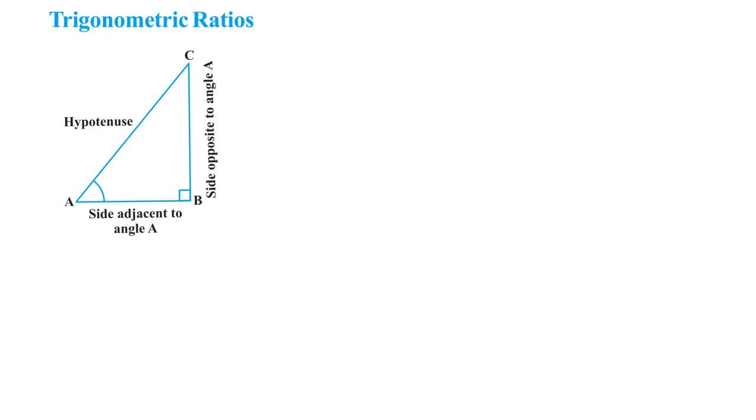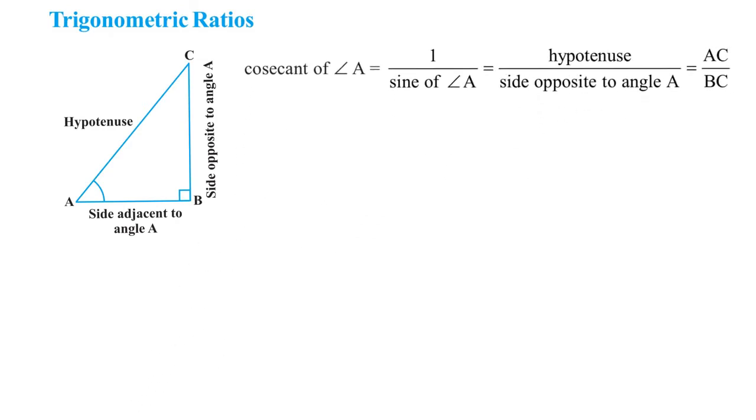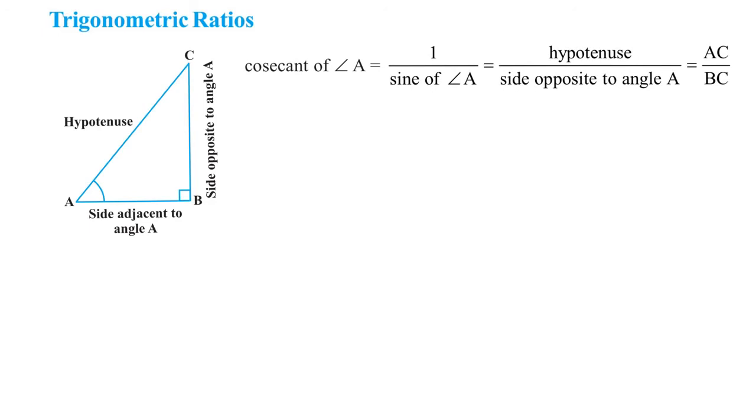Let's look at the other three trigonometric ratios. Cosecant of angle A is nothing but the reciprocal of sine of angle A. We already looked at what is sine of angle A. Sine of angle A was BC over AC. So cosecant of angle A will be AC over BC. The reciprocal of sine is called cosecant.